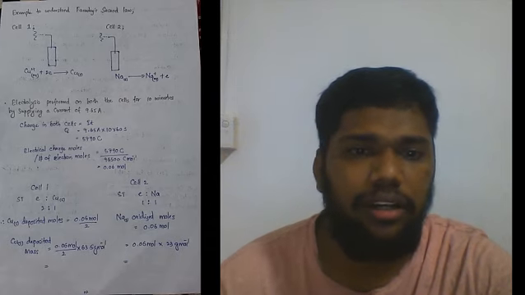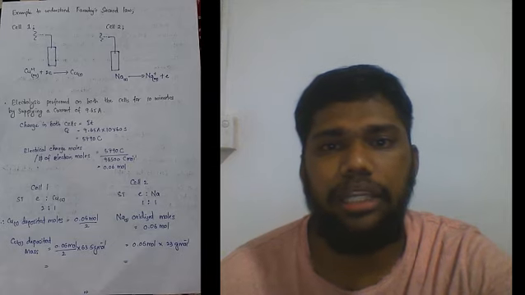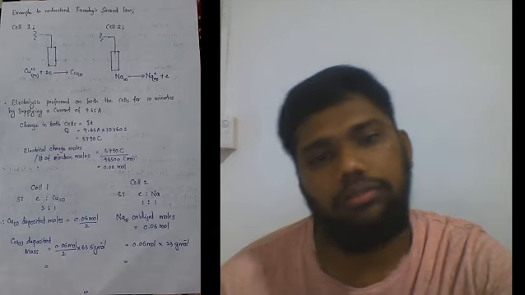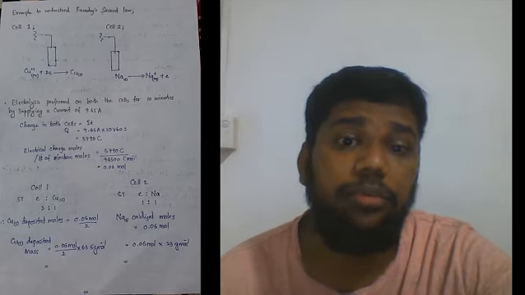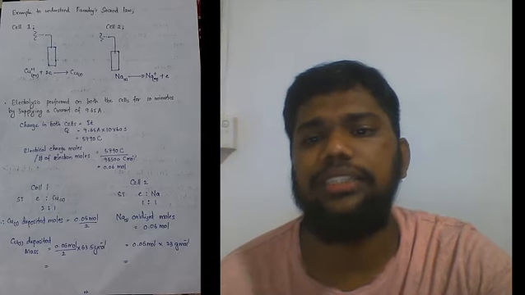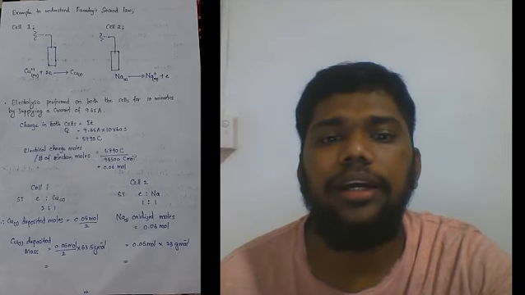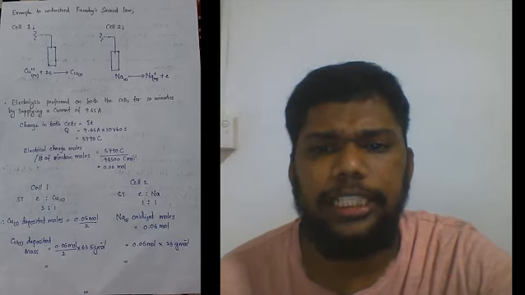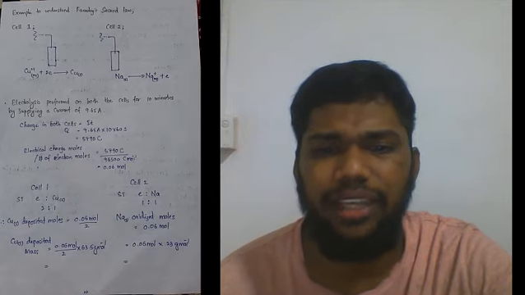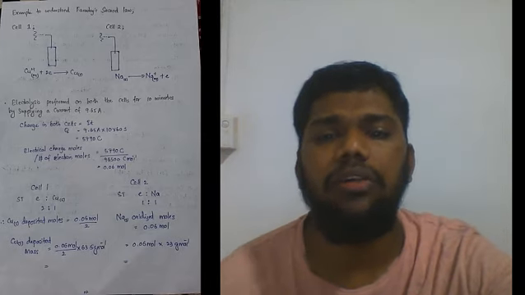In cell 1 the stoichiometry between the electrons and copper is 2:1, but in cell 2 it is 1:1. So in cell 1 the moles of copper deposited will be 0.06 divided by 2, but in cell 2 it is the same as 0.06. Based on the stoichiometry you can find the number of moles, and you can find the mass as well by multiplying by the molecular weight of either copper or sodium.